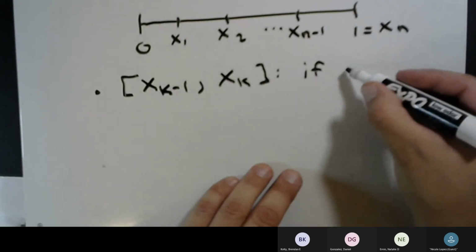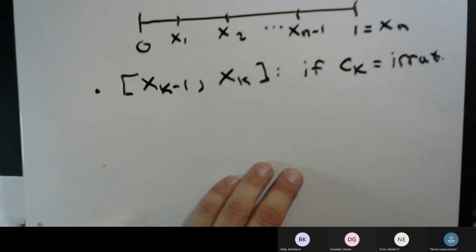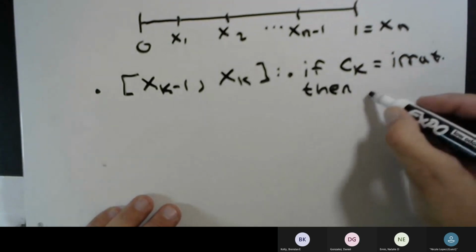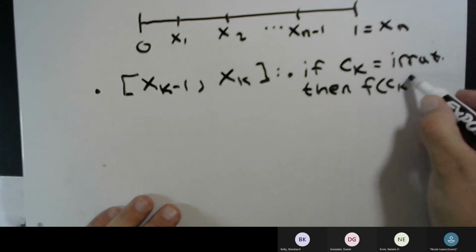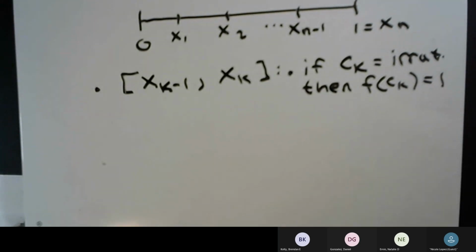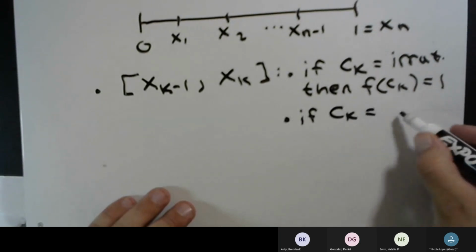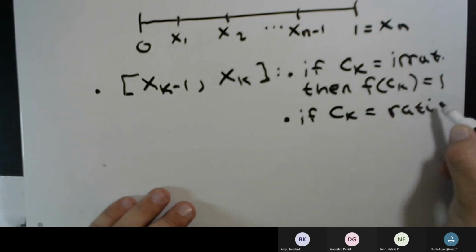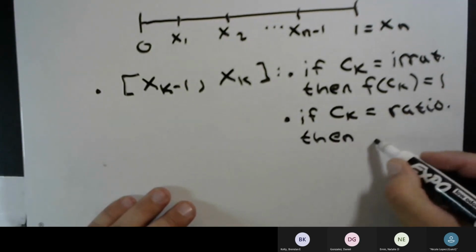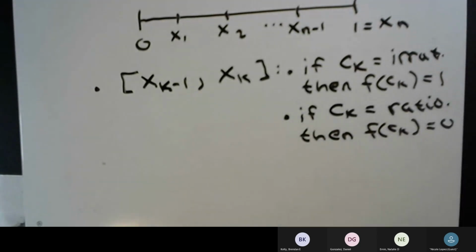If ck is irrational, then f of ck equals 1. But if we choose ck to be a rational number, then f of ck is equal to 0.